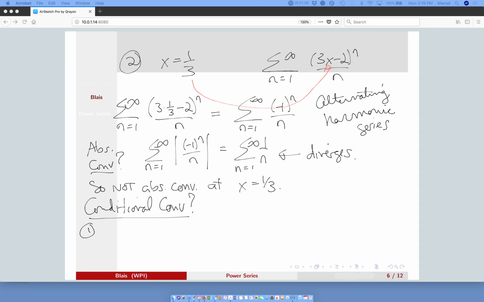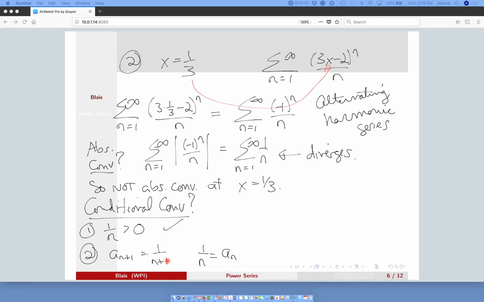So the first, we look at the terms without the minus 1 to the n. So 1 over n, that's positive. Two, they need to be decreasing. So the n plus first term is 1 over n plus 1. The nth term is 1 over n. Which is smaller?